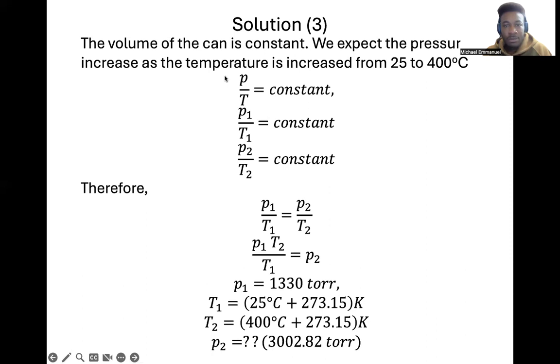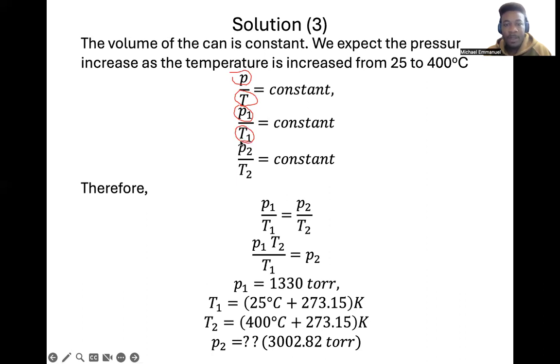We have this relationship that the pressure of the gas varies directly as the temperature of that gas. We have that the initial pressure is P1 and the initial temperature is T1.